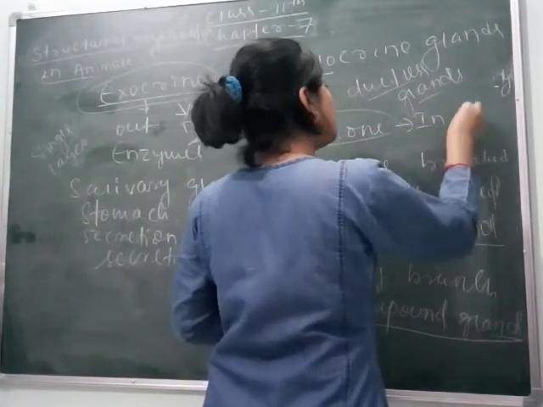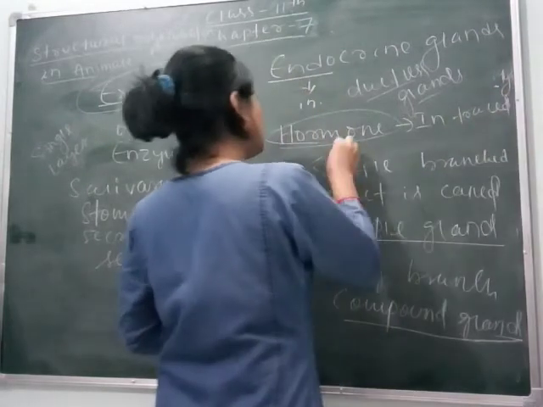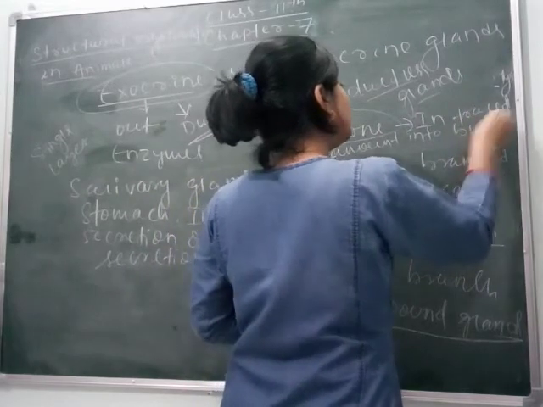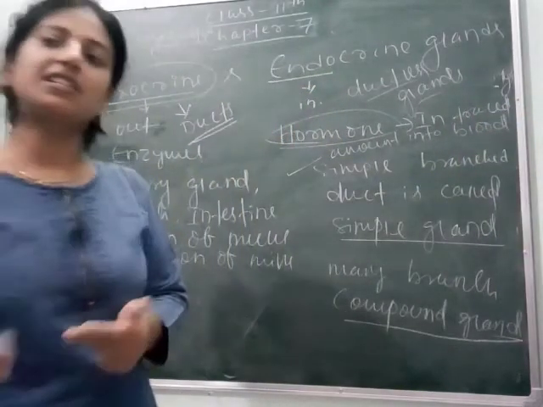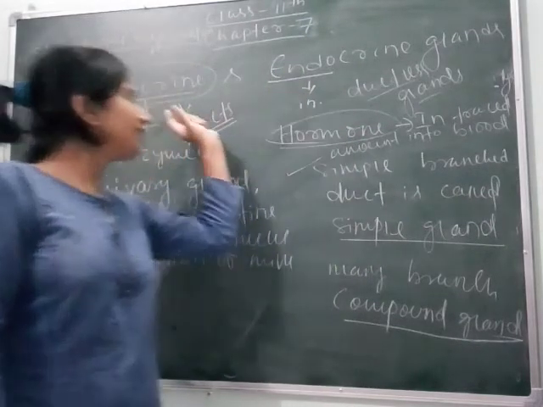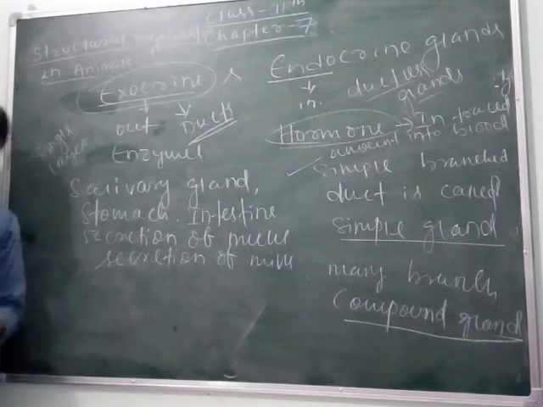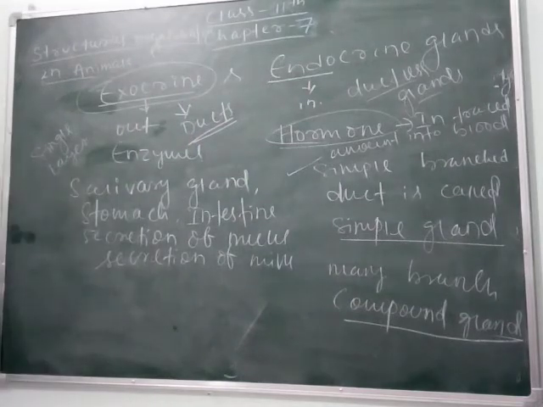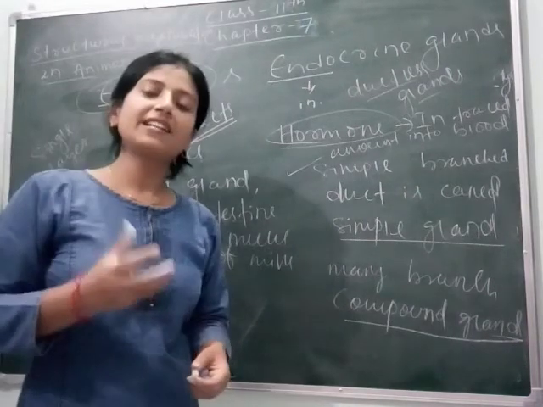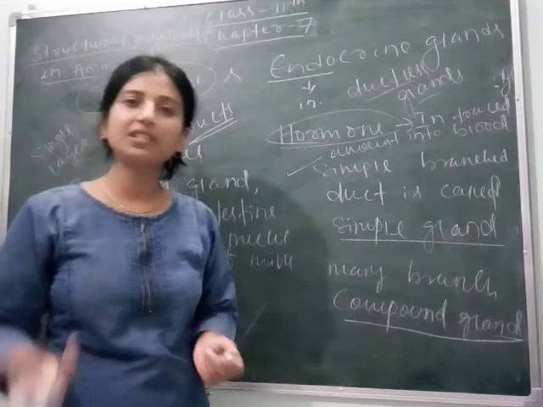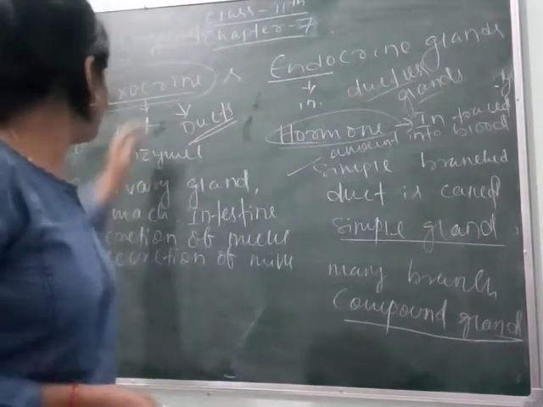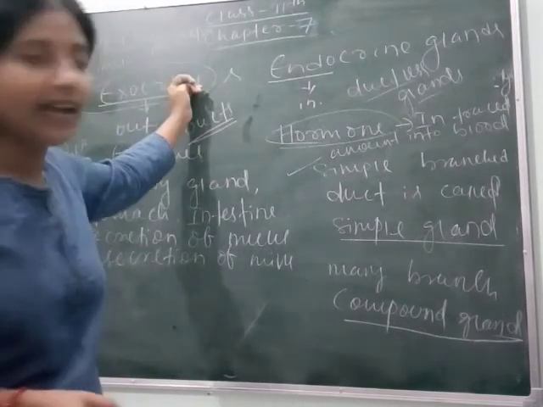Trace amount means continuously its secretion occurs into the blood as they have no ducts. Clear? So here exocrine and this is endocrine. You have already studied the endocrine glands in class 10: thyroid gland, thymus gland, parathyroid gland, pineal gland, hypothalamus, pituitary, etc. are the endocrine glands. So these are the glands which we study, exocrine and endocrine.